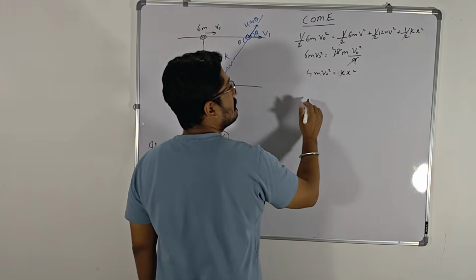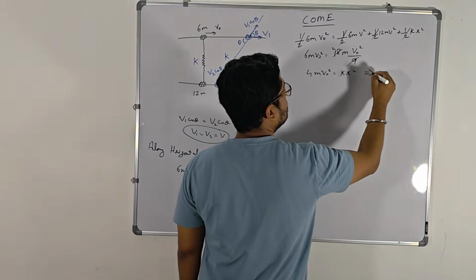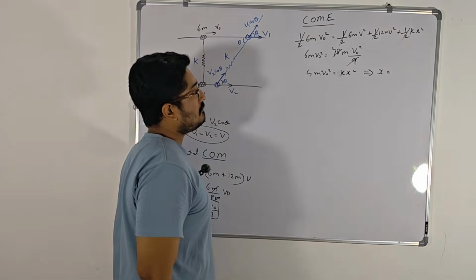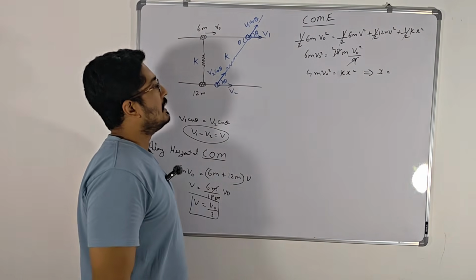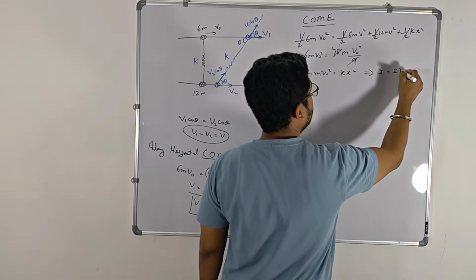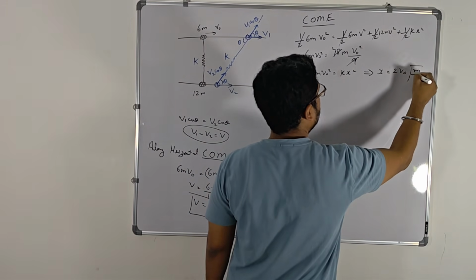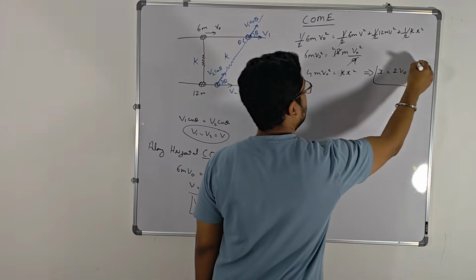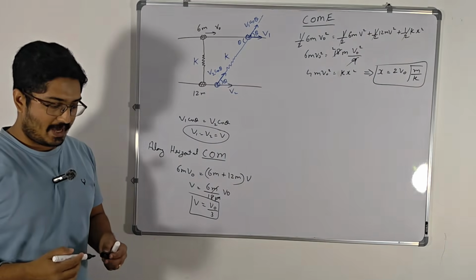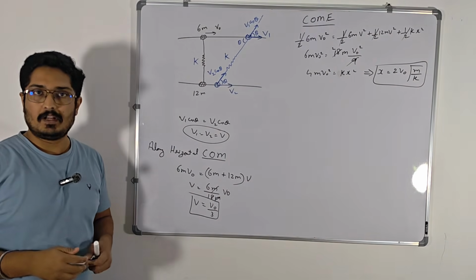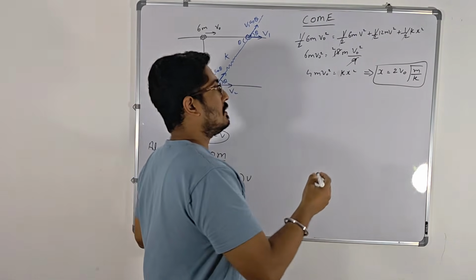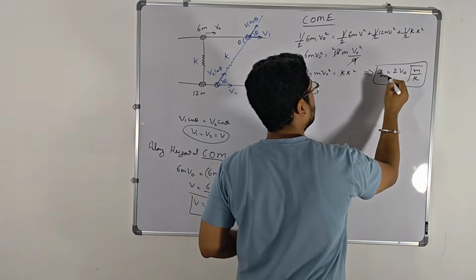That's it. So from here I am going to get the value of x as 2 v naught under root of m by k. This is the maximum extension that I'll be getting finally. This x that I have obtained is also the x max.